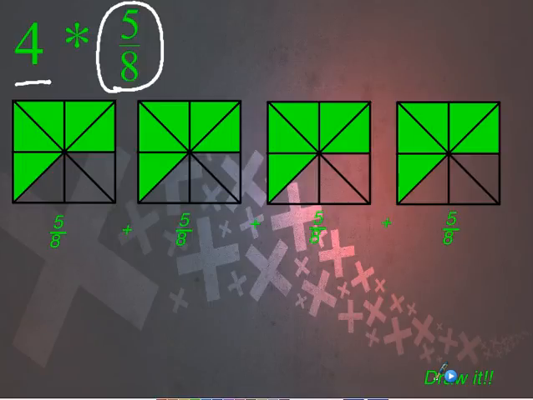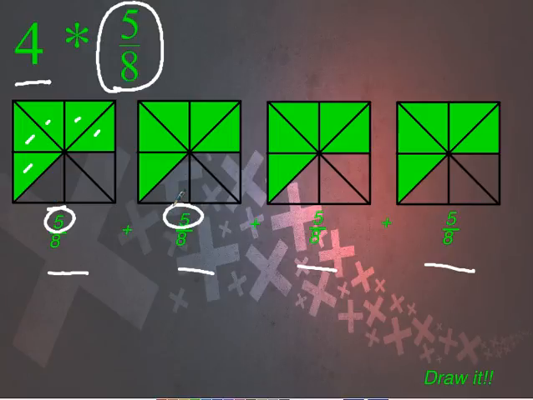All right, so when you draw it, you should have 1, 2, 3, 4 of your objects, if you did squares, circles, whatever, and then you should have 5, so 1, 2, 3, 4, 5 colored in each group. So if I have 5/8 and I'm taking that out of all 4 groups, I have 5/8 here, and another 5 is 10, and another 5 is 15, and another 5 is 20.